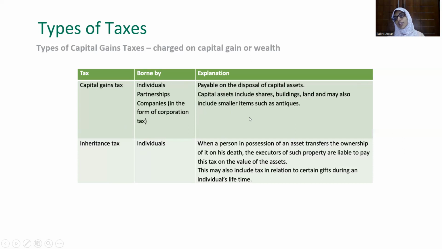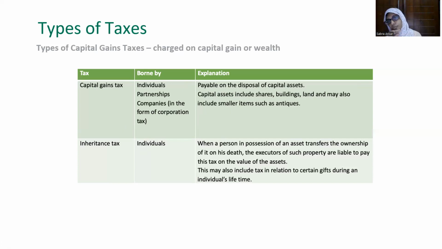Then there is a small explanation to help you understand what capital gains tax is. As you can see, capital gains tax is payable on the disposal of capital assets. Capital assets include shares, buildings, land, and may also include smaller items such as antiques.